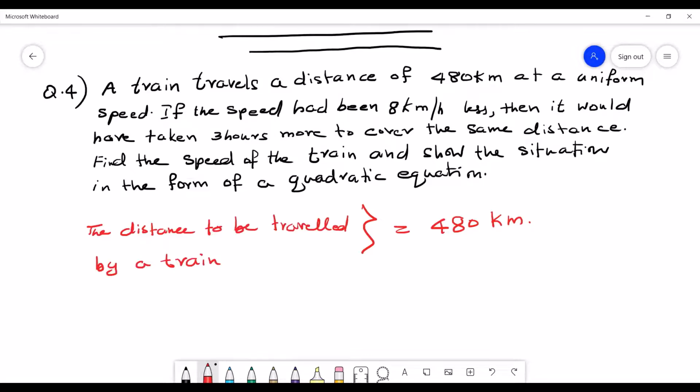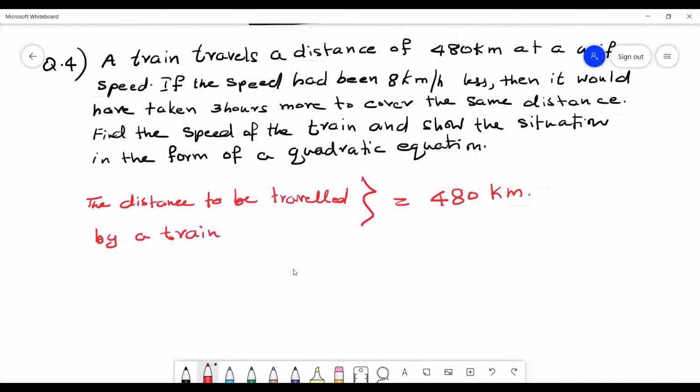The train only has to cover this distance. But the question is saying that if the speed is reduced by 8 kilometers per hour, then it would have taken 3 hours more. If the speed reduces by 8 kilometers per hour, then it would take 3 more hours to cover 480 kilometers.